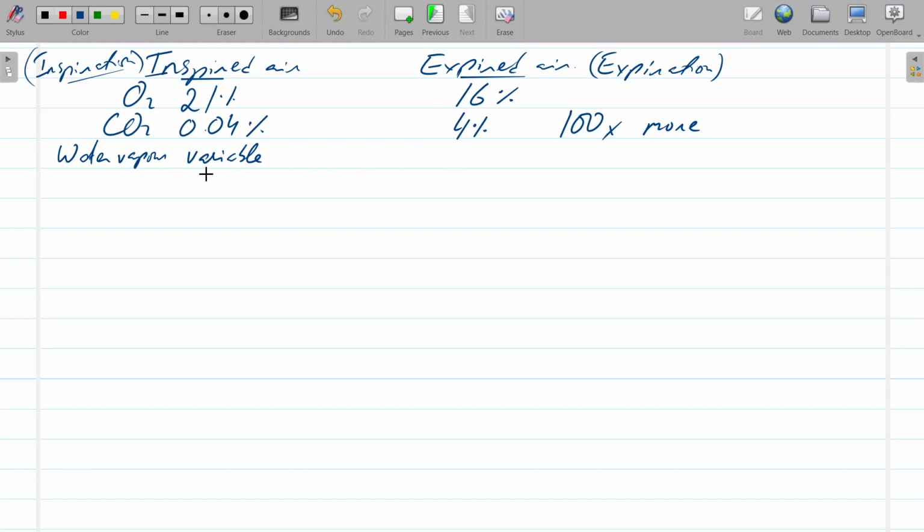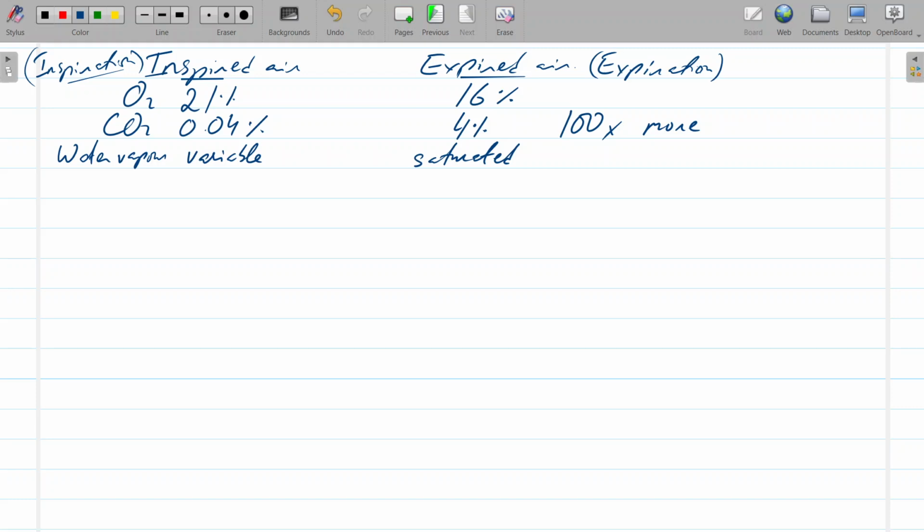And in the case of water vapor, again, we're not giving a percentage, but it's saturated. So there's a lot more water vapor in the air that we breathe out as compared to the air generally, unless it's very humid. There's a lot of water vapor in the air anyway, but that's a different matter. Generally, the expired air has a lot more water vapor as compared to the inspired air.